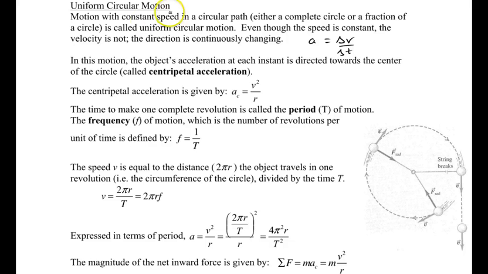Now, an object that is moving in what we call uniform circular motion is an object that is moving at a constant speed. That's why we use the word uniform, but it's going in a circular path. When an object exhibits this kind of motion, then we always have an acceleration towards the center of the circle.